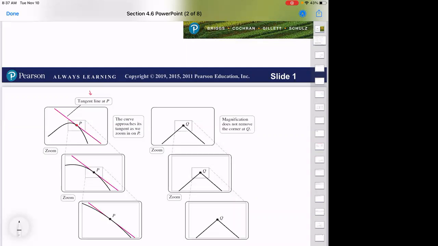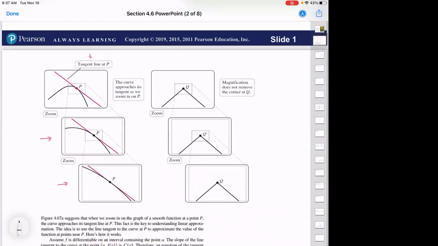And what we do from there is zoom in several times. You zoom in once, you get this. You further zoom in, you get this. Then you zoom in further and further.